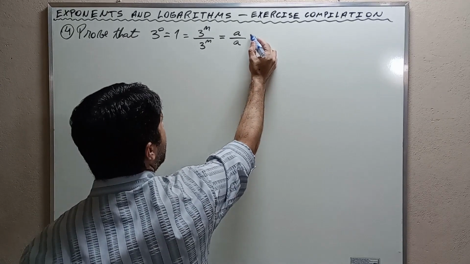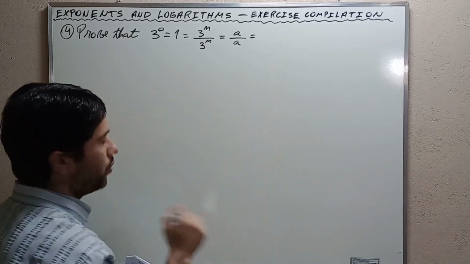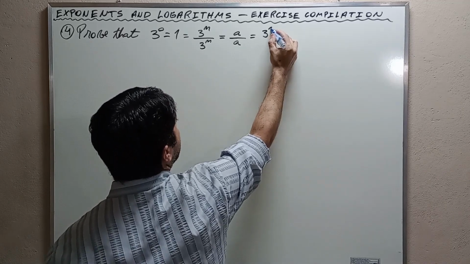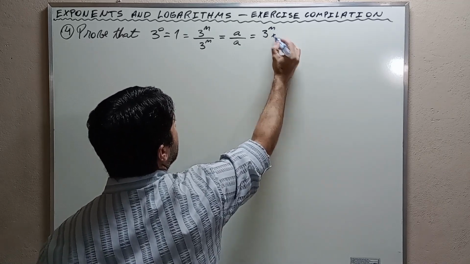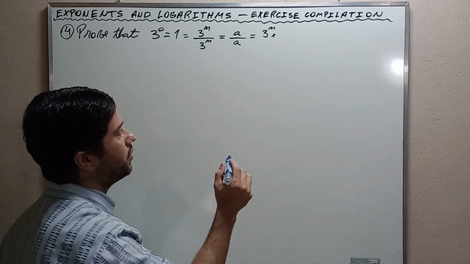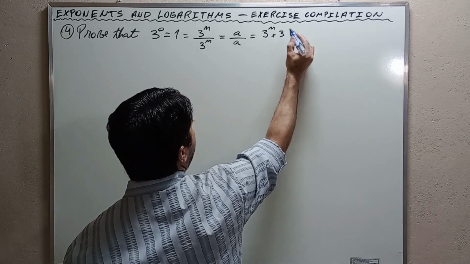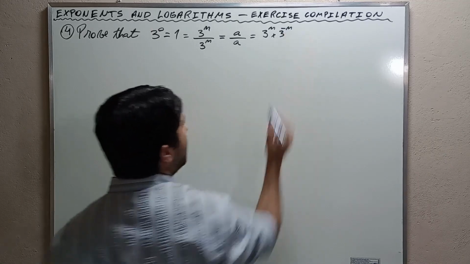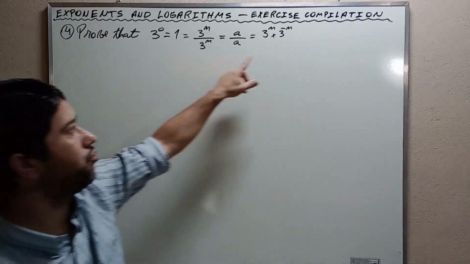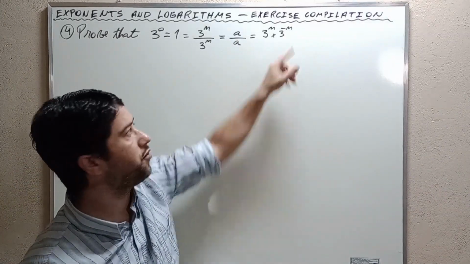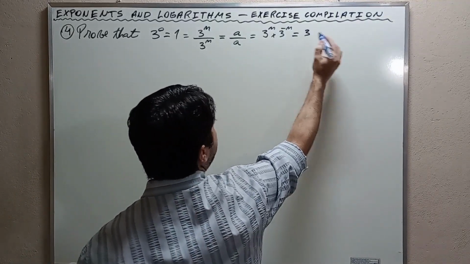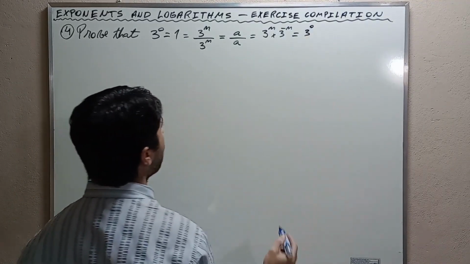And using exponentiation, we are studying exponentiation, we can say that 3 to the nth divided by 3 to the nth is also equal to 3 to the nth times 3 to the negative n. When we pass from the denominator to the numerator, we invert the sign, and then we finally find that it is 3 to 0.